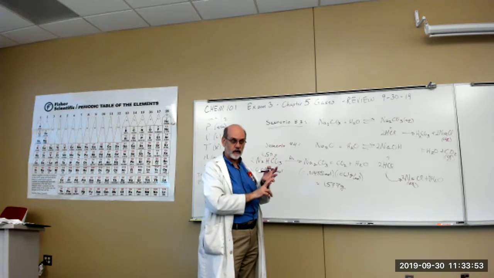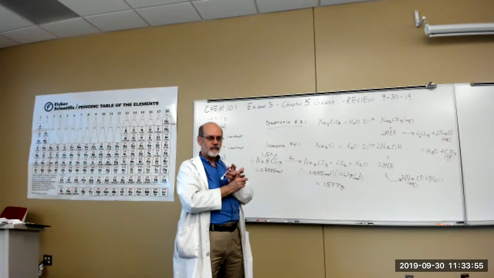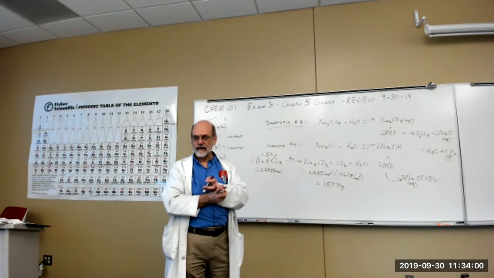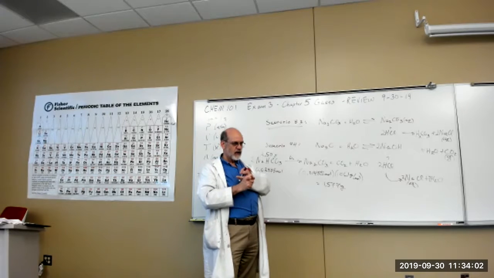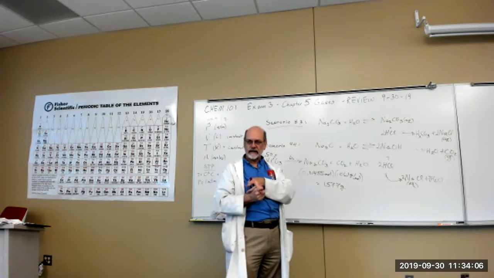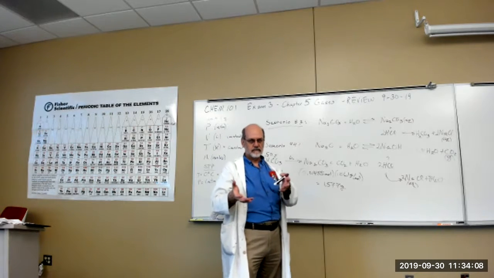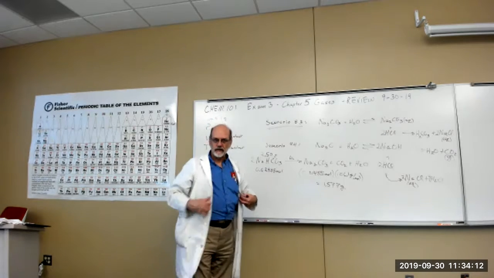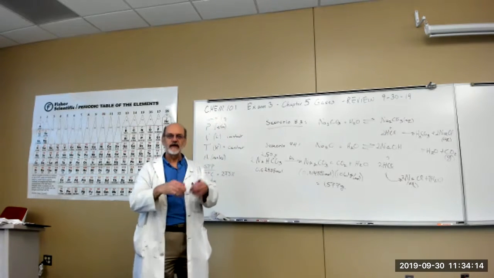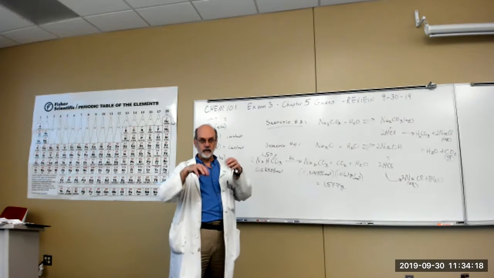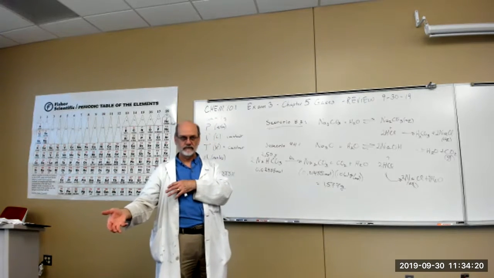What are your safety concerns? Then the procedure, what you actually did, like approximately 2.5 grams of sodium bicarbonate were weighed into a clean crucible. Or you could say the crucible was prepared this way, then approximately 2.5 grams was weighed into that crucible.